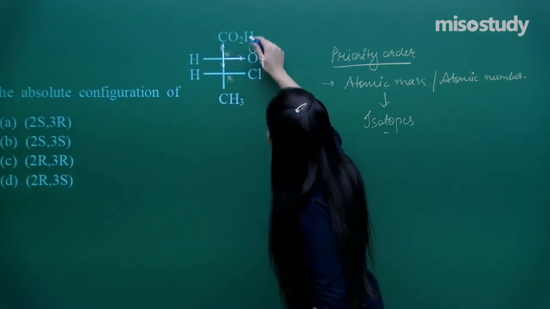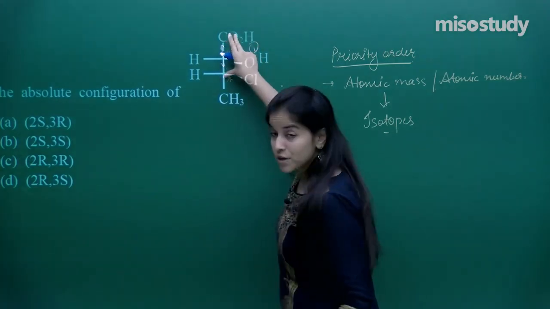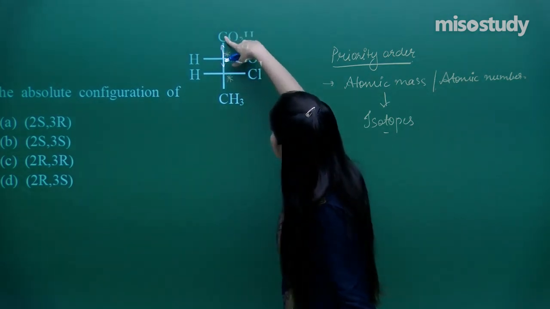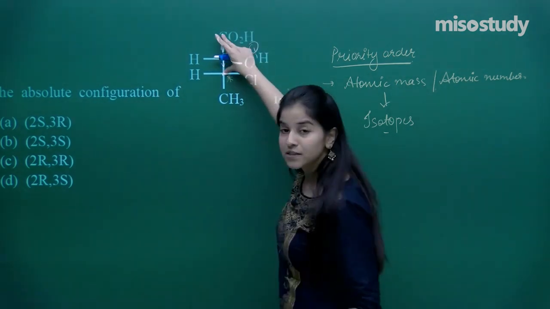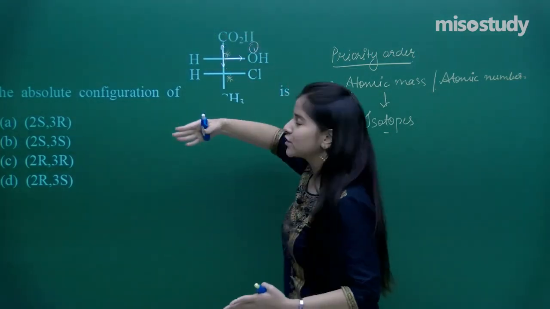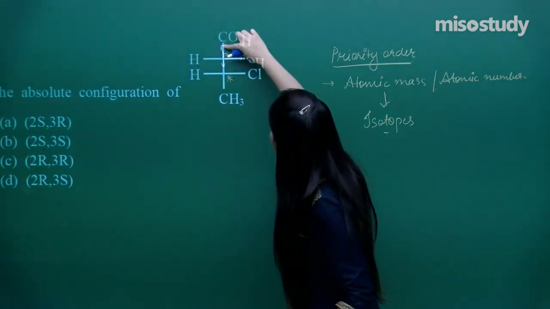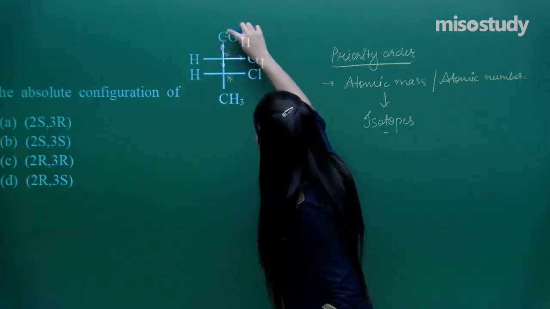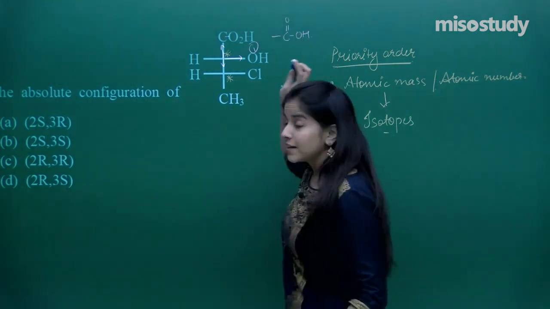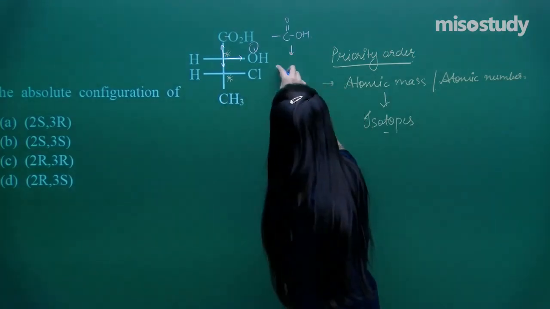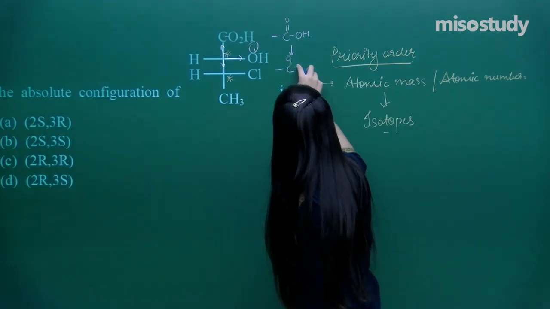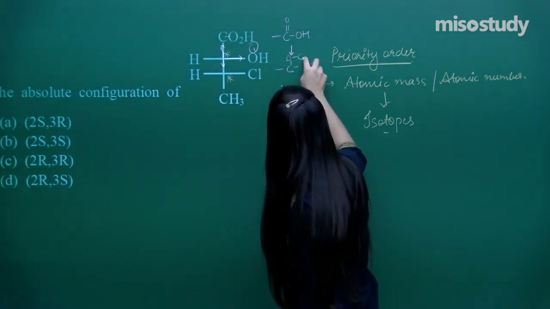Now, let us move on to the 2 remaining carbons. I need to assign the priorities between the 2. If I move on to this carbon and this carbon, they have similar kinds of atoms. But if I move to the next, what do I have? COOH is nothing but the carboxylic group, and it must be treated as a carbon attached to oxygen, and oxygen attached to a carbon.